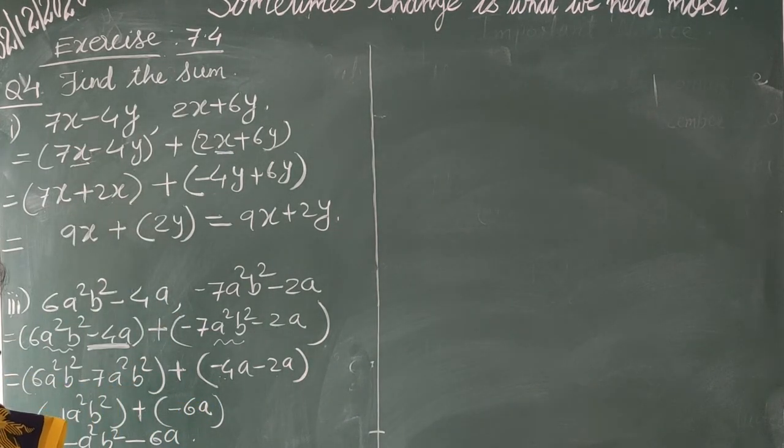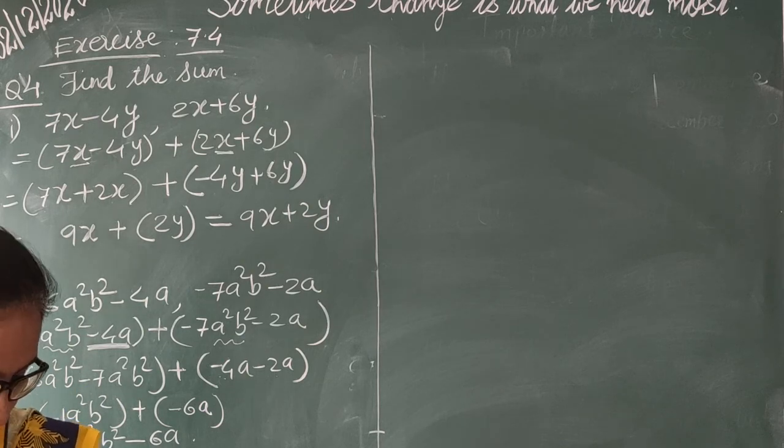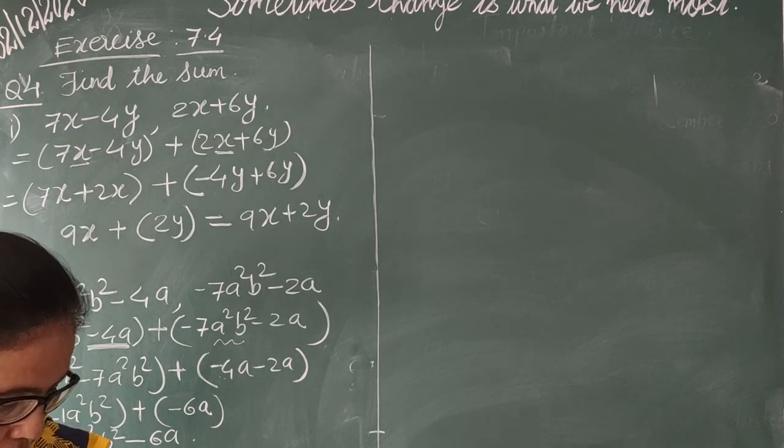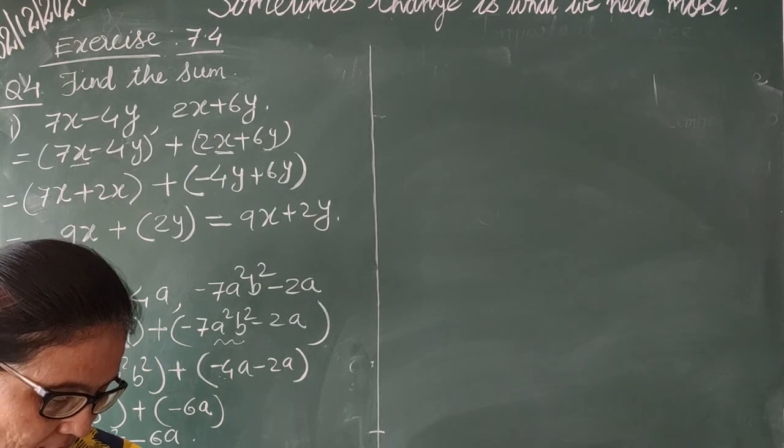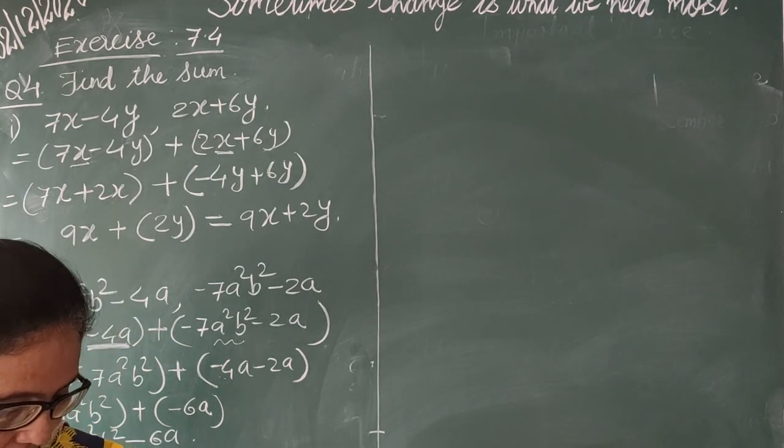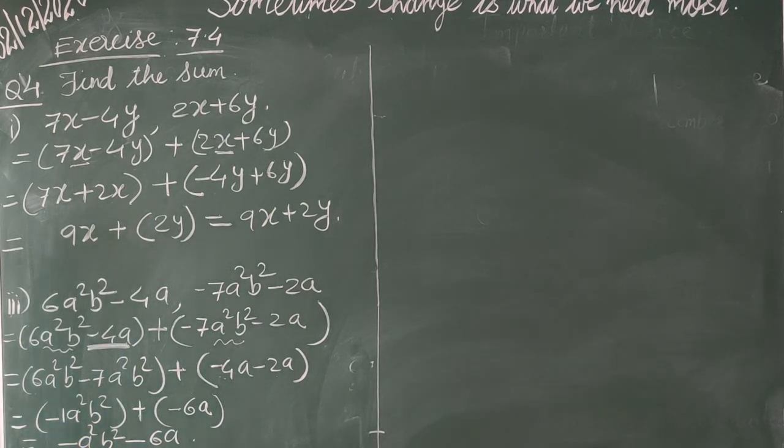Okay. Now let's see the next question of this heading. We will solve here. All the sums are same only, children. Let's go with question number 4, it's 5th and 6th sum.